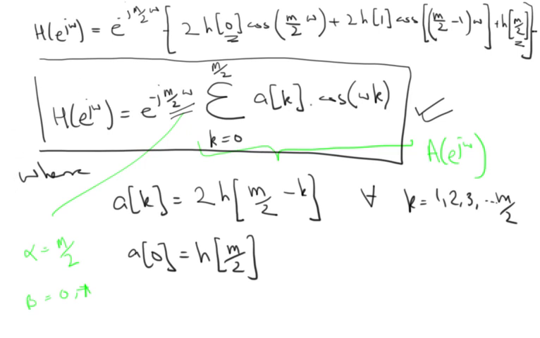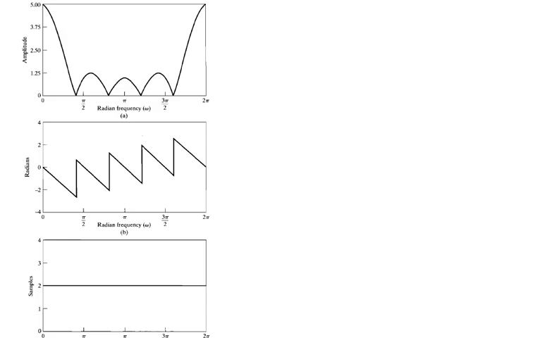An example of type 1 system is shown here. Here you can see this is a of e raised to power j omega, it is even. Now you may ask, how is it even?